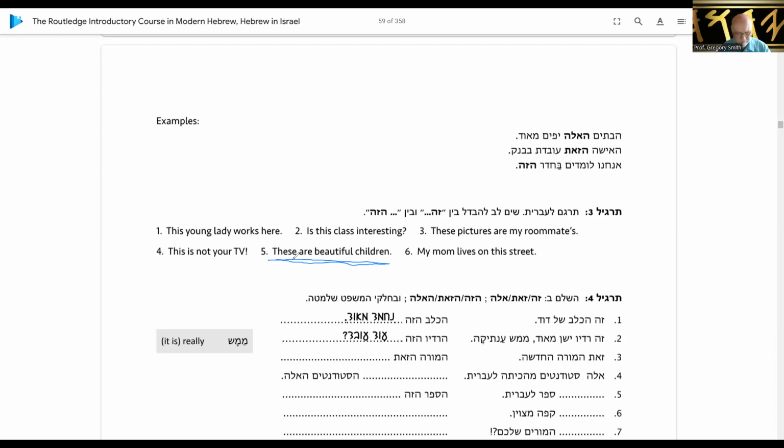אלה הילדים יפים. But it says we're supposed to use ze or hazeh. What if I were to change that Ela to hazeh? We still get the same thing. הזה הילדים יפים. Yeah, hazeh hayeladim yafim. Okay, so let's see. It still says these are beautiful children.